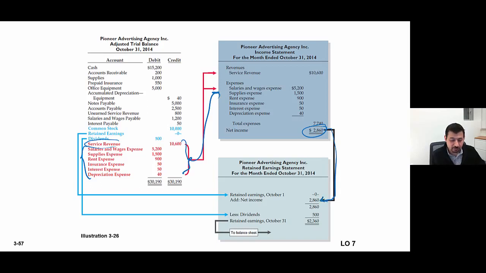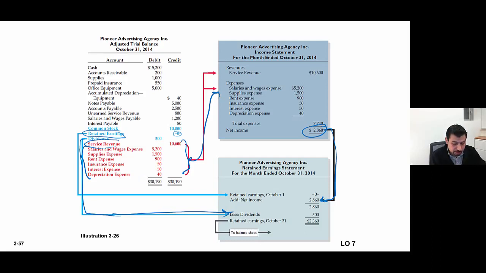And from the adjusted trial balance, we get information for the dividends here. Using those two, and in this case we had the retained earnings. Because the company is supposed to be a new company, the retained earnings balance was 0.